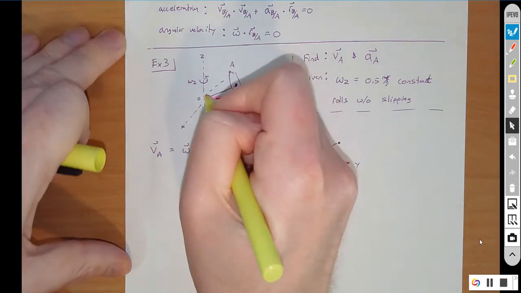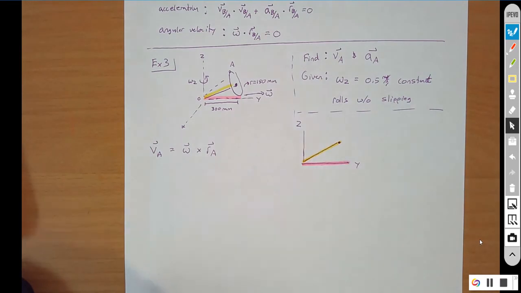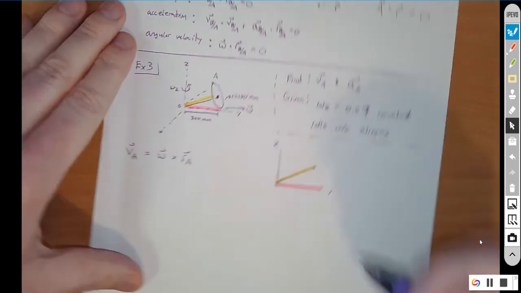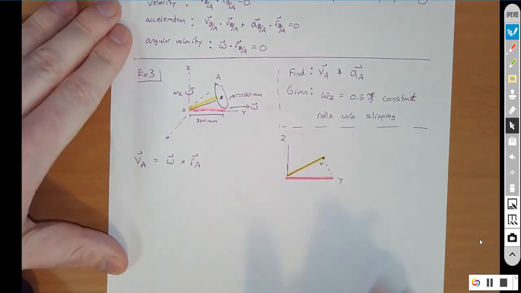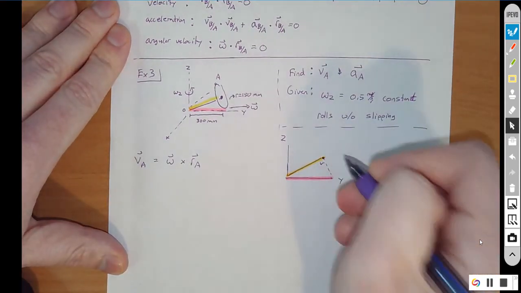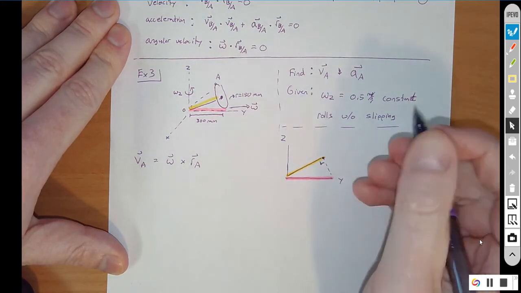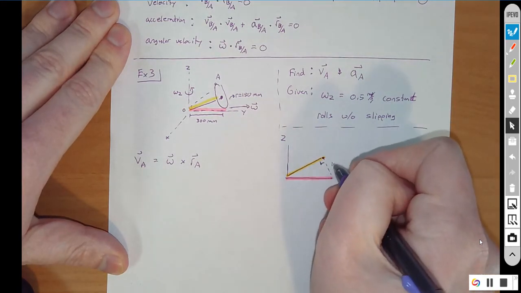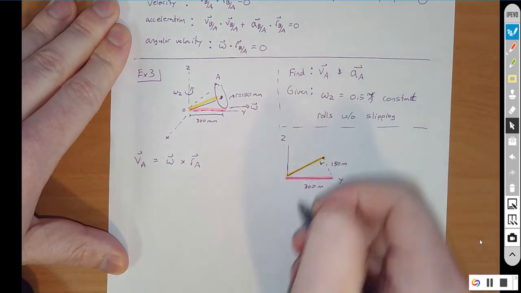I'll mark that in yellow, this one here. And then we have this line, which is perpendicular. This is not really the center of gravity, but the center point of it. I wouldn't really call it G, but we know that this is 150 millimeters, and this is 300 millimeters. That's what we were told.